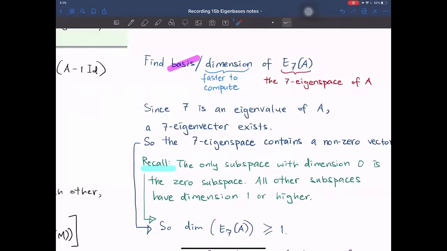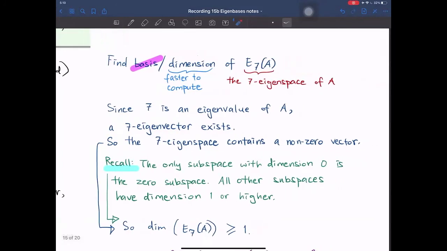Next, I will compute the dimension of the 7 eigenspace of A. The definition of dimension is the number of elements in any basis of the subspace, but sometimes it's possible to compute just the dimension without actually computing a basis. So I will try to do that. Since 7 is an eigenvalue of A, an eigenvector for the eigenvalue 7 does exist.